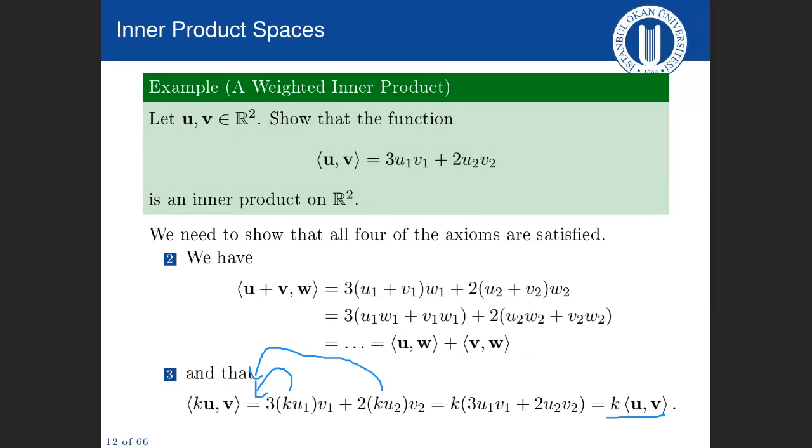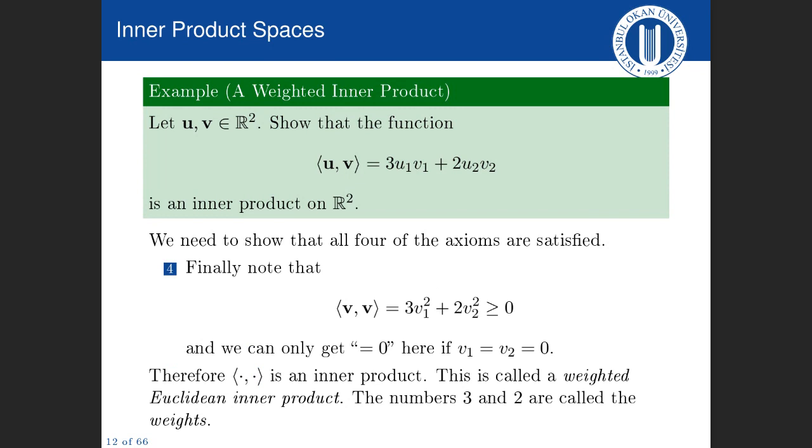So that just leaves rule number 4. An inner product must always be greater than or equal to 0, and the only way it can be 0 is if we have the 0 vector. But what is the inner product of v with v? It's 3v1 squared plus 2v2 squared. That must be non-negative. v1 squared must be non-negative. v2 squared must be non-negative. And how could we get equal to 0 here?